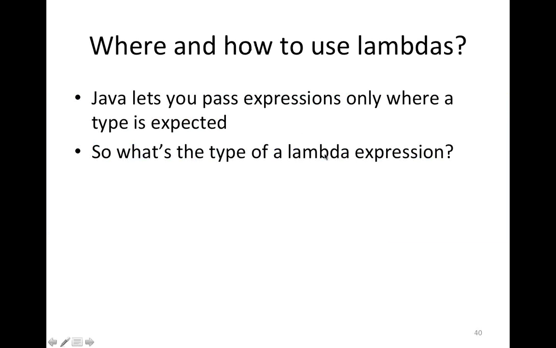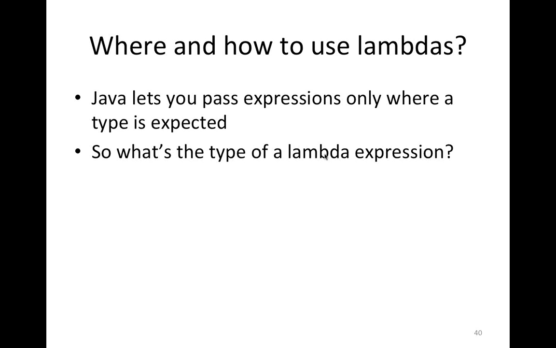But I'm sure the most important thing now is, well, okay, Raoul, it looks very nice and concise, but how do I actually make use of those lambda expressions in my code base? And this is what we're going to look at now. But it's worth reflecting a little bit. In Java, you can use an expression where a type is expected.